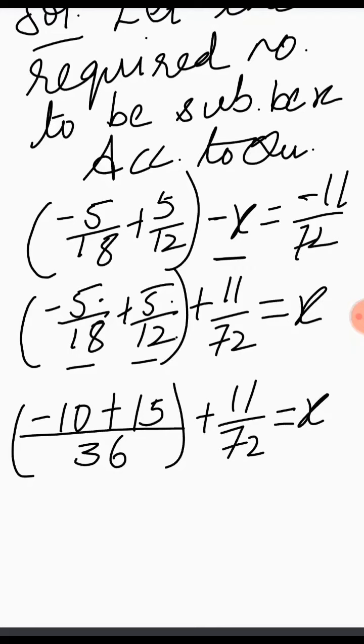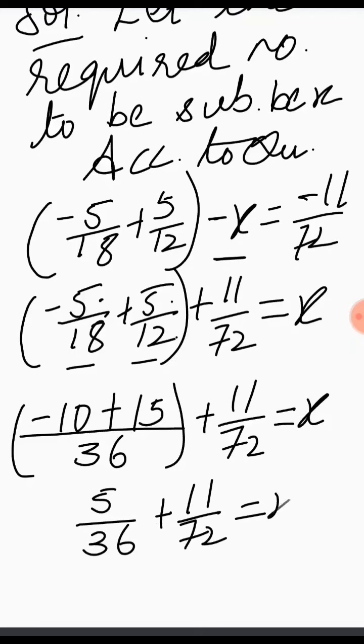Now just simplify. -10 plus 15 is 5/36 plus 11/72 is equal to x.